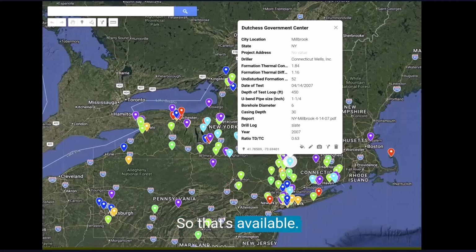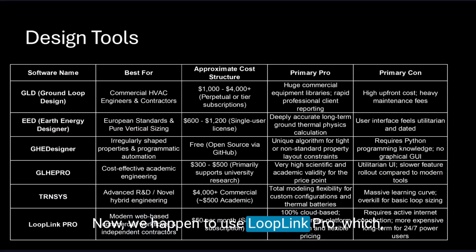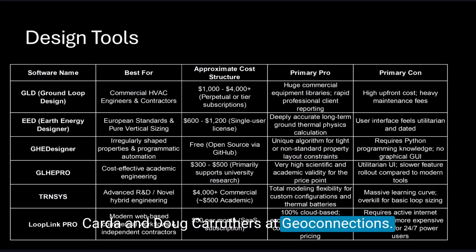So that's available. We have design tools that can take those thermal properties of the earth and then predict how many feet of pipe you need in the ground based on all those parameters, configuration, and so forth. Now, we happen to use LoopLink Pro, which has quite a history to it, developed by Ryan Sarda and Doug Carruthers at GeoConnections.